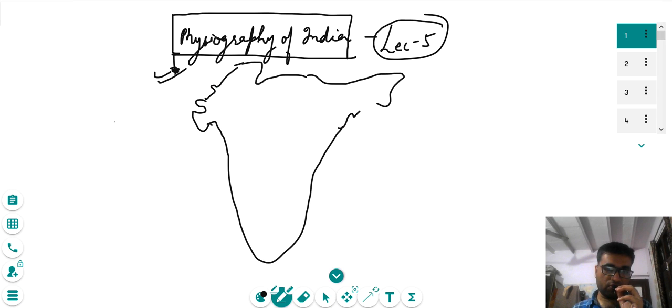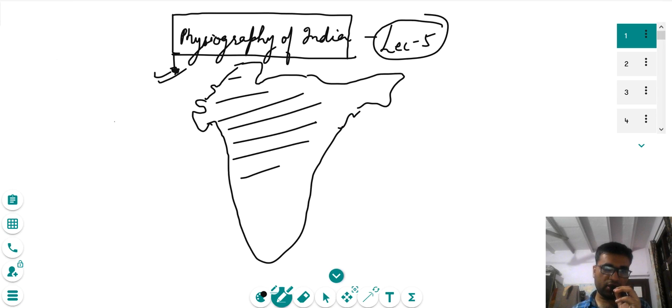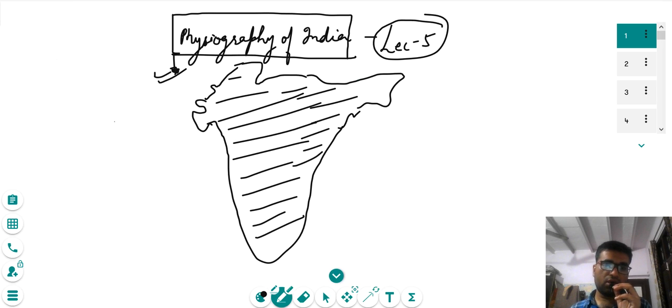So first of all, we will study the peninsular part of India. After that, we will study the plains of India, that is the Indus plain, Ganga plain, and Brahmaputra plain. So let us first start with this part of India.